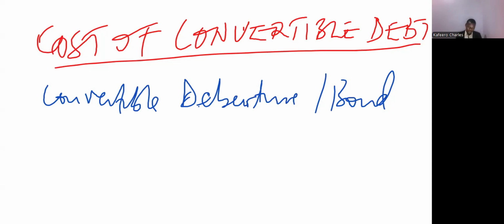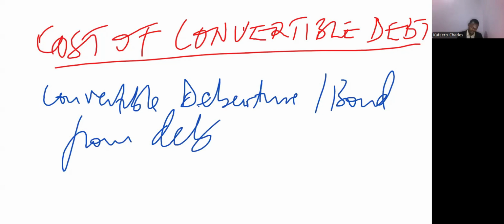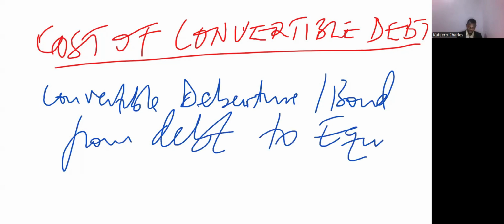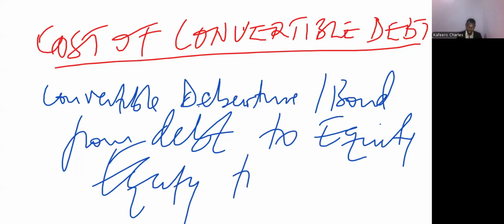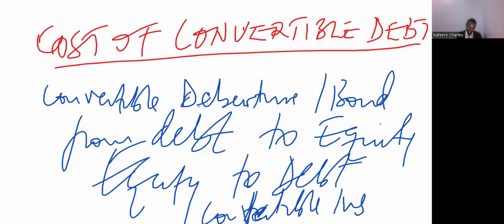A convertible instrument gives you a chance to convert it, either from debt to equity, or from equity to debt. Convertible instrument or asset is the one that gives you a chance to convert it.